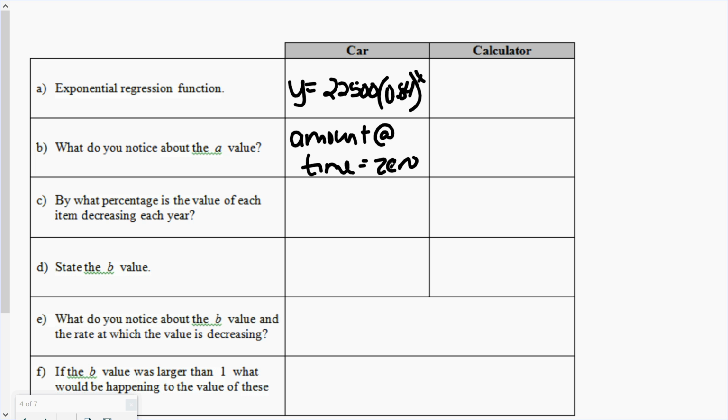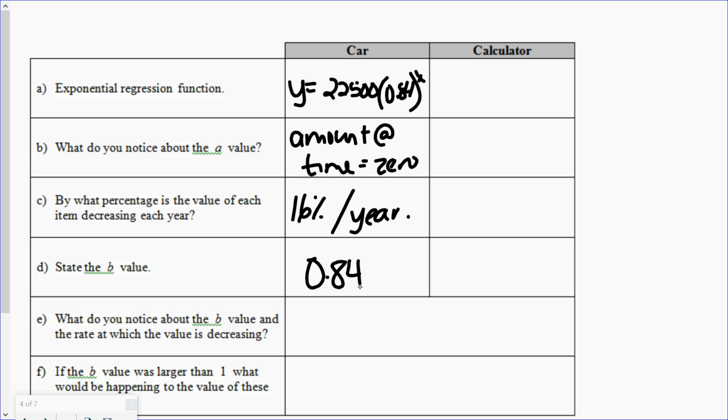It says, by what percentage is the value of each item decreasing each year? So we know with the car, like 0.84 remains, or 84% remains. So the decrease is 16% per year. So it loses 16% of its value each year. And then the B value is that 0.84.